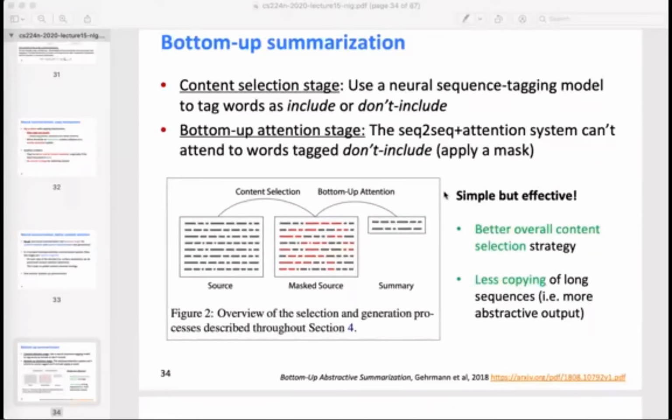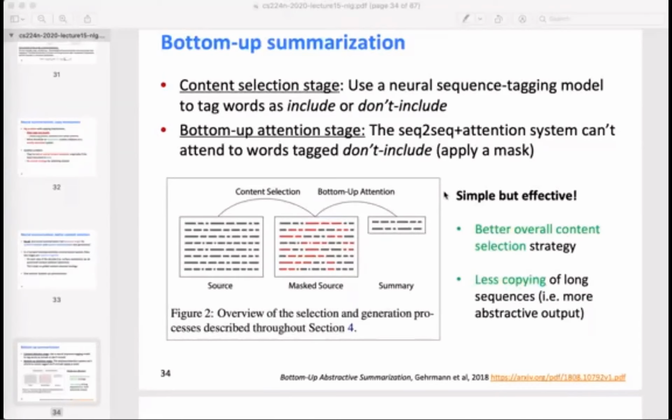It's a very simple but effective method. It provides a better overall content selection strategy, and it also helps with the copying-too-much problem, because the system cannot look into the longer sequences when some of their words are masked.